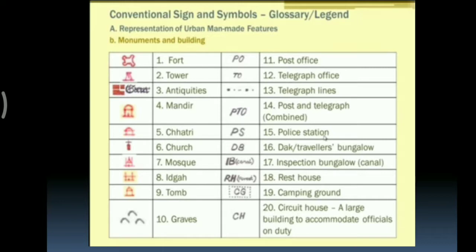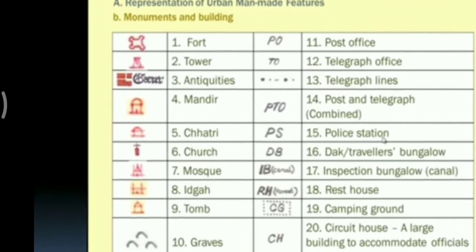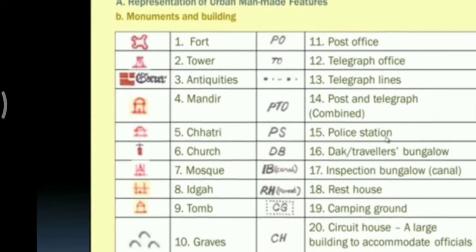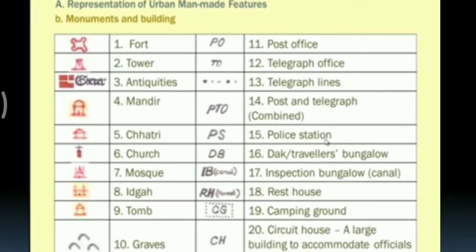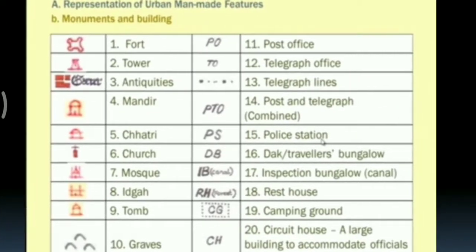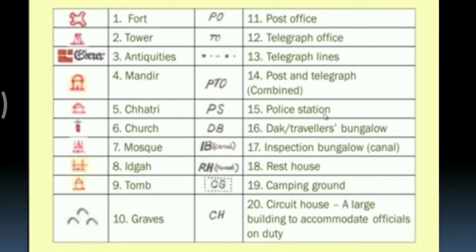So here we have PO for post office, and all these sorts of patterns we have in the topographical sheet. Just have a look at this and remember it.